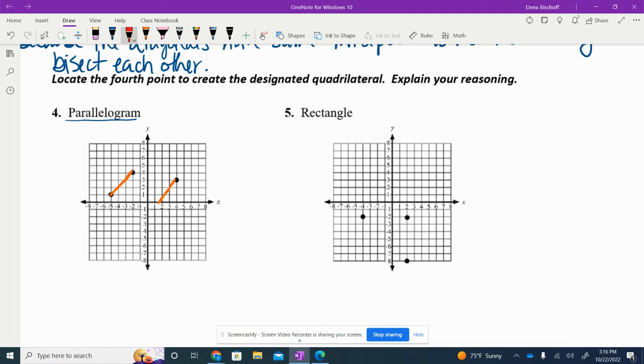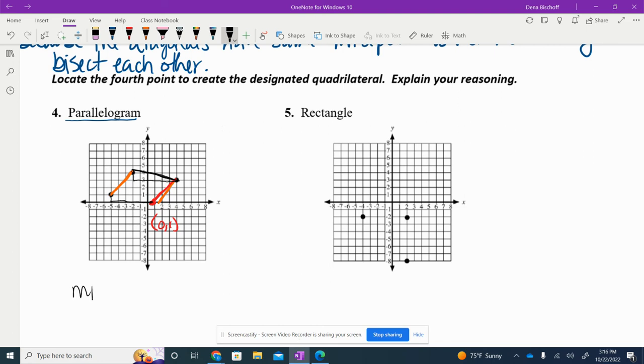So I'm going to go down 1, 2, 3 over 1, 2, 3. So I believe that my missing point is the ordered pair 0, 1, but I want to check with the slope from this side. So if I count the slope on the top, it looks like I go down 1 over 1, 2, 3, 4, 5, 6. Let's try it again. Down 1 over 1, 2, 3, 4, 5, 6.